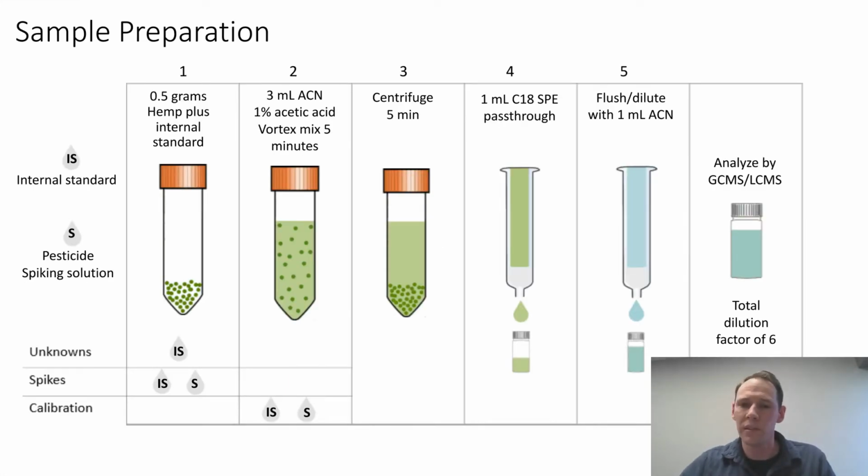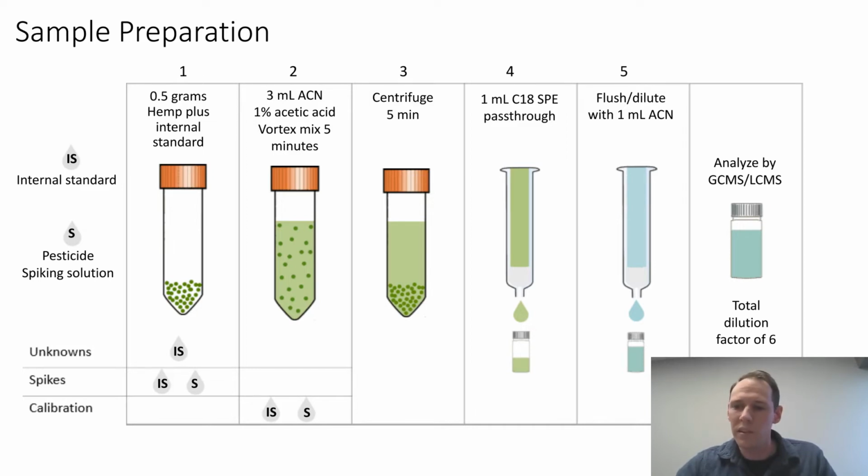So here are the sample preparation steps for this method. The method uses half a gram of cannabis weighed out into a centrifuge tube. 3 milliliters of acetonitrile, acidified with 1% acetic acid, is added.